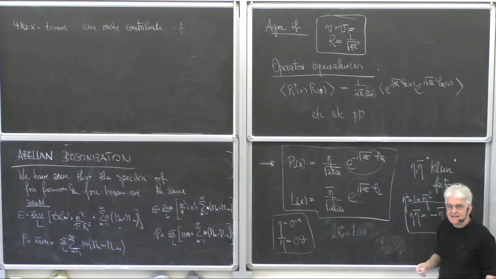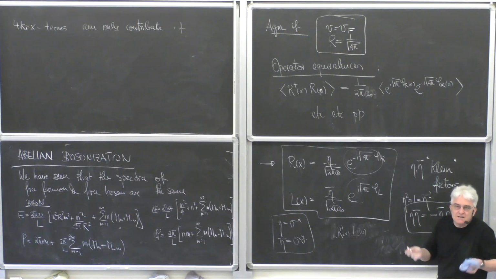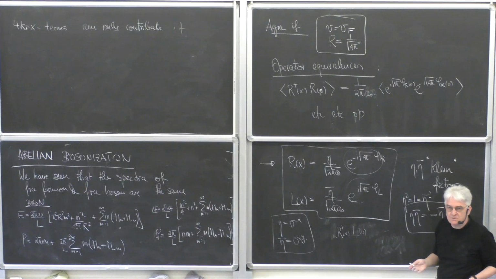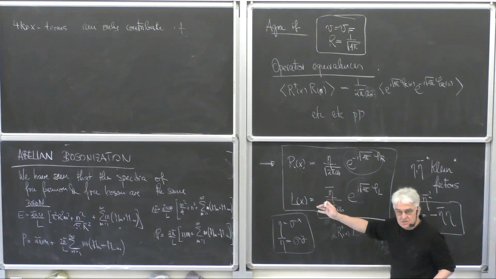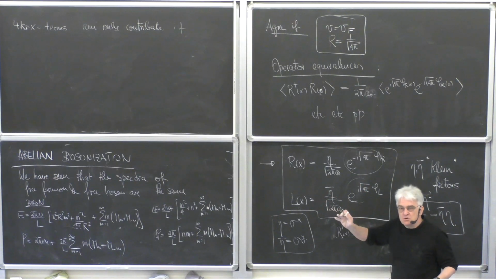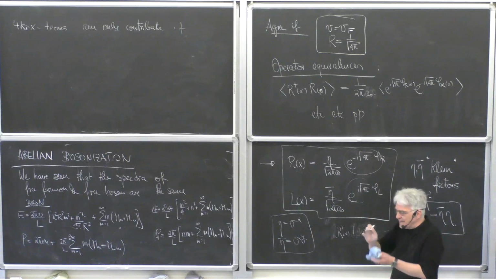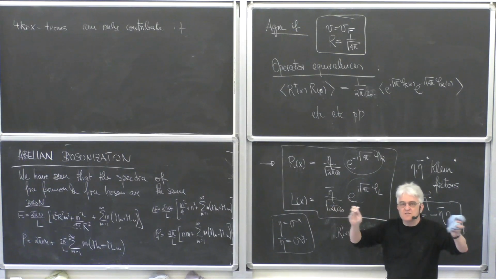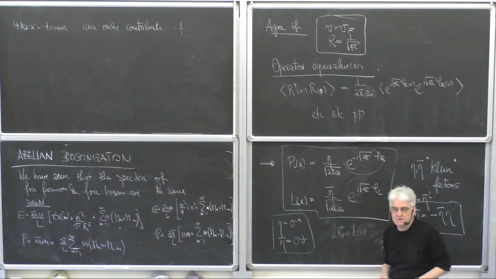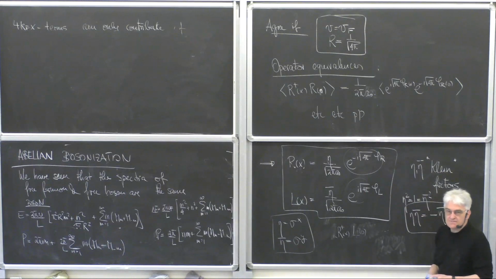So the Klein factor is a very minor modification. It ensures the correct anti-commutation, and it ensures that any correlation function in one theory is equal to the correlation function in the other theory.